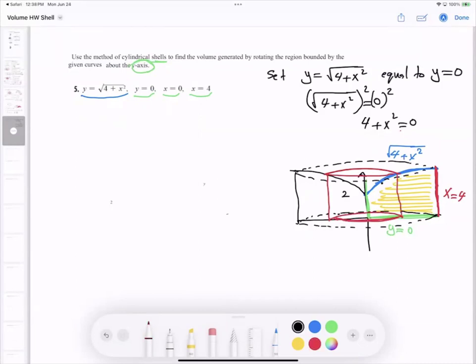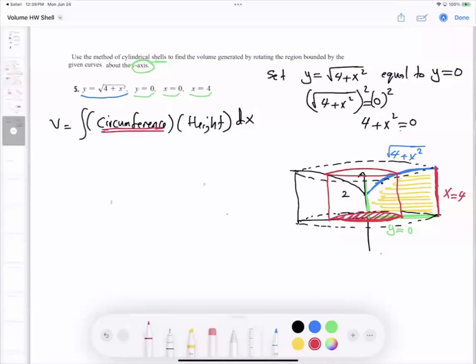The shell method says the volume is the definite integral of the circumference times the height. Since you are rotating about the y-axis, it is with respect to x, dx. For the circumference, you look at the base. The radius, the distance between this point and this point, depends on x. So the radius and x are the same.